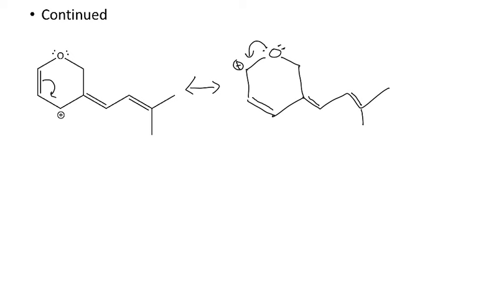So I can do that. Now we have the double bond here, and the oxygen with 3 bonds and a lone pair picks up the positive charge. And so between the last slide and this one, we should have 5 different resonance structures for this molecule.